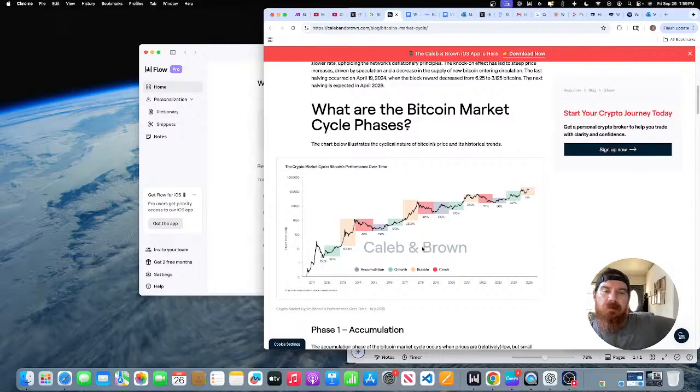Bitcoin, because of its rigidness, its fixed supply, shows the most accurate representation of the market cycle, of where we're in, with a little bit of a lag, but it shows. So green here, they represent as growth, steep growth. Yellow is the bubble, so massive upswings to a peak. And then after it peaks, you have the crash, the drawdown.